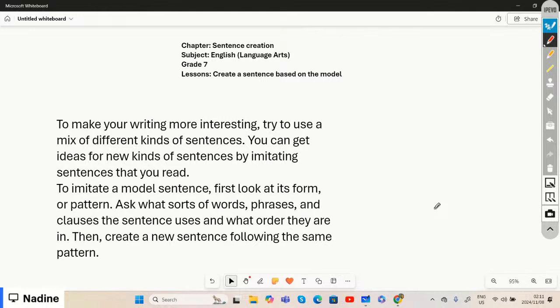You can get ideas for new kinds of sentences by imitating the sentences that you have read. To imitate the model sentence, we need to first look at the form or the pattern, ask what sort of words, phrases, and clauses the sentence uses and what order they are in.